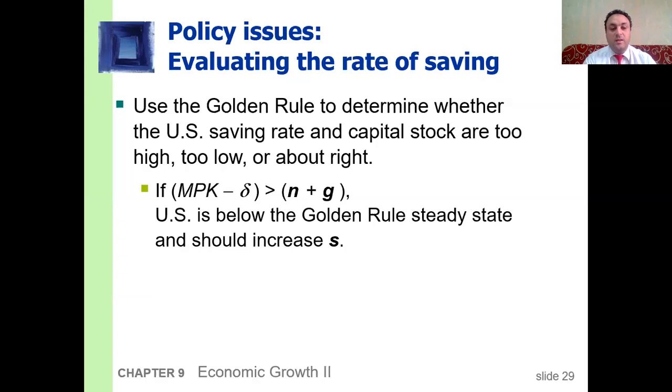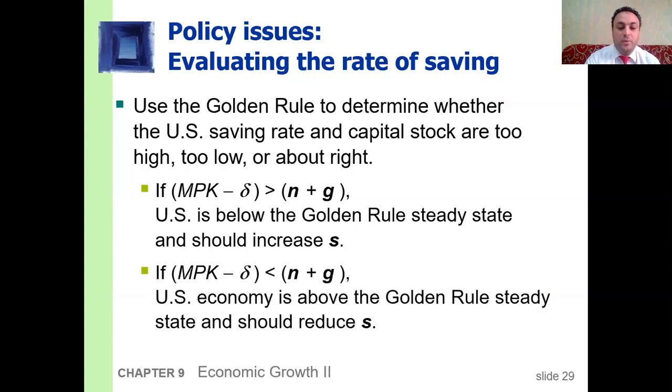So in this case, if the marginal product of capital minus the depreciation rate is more than n plus g, the population growth rate plus the technological progress rate, then the United States is below the golden rule steady state and should increase its saving.